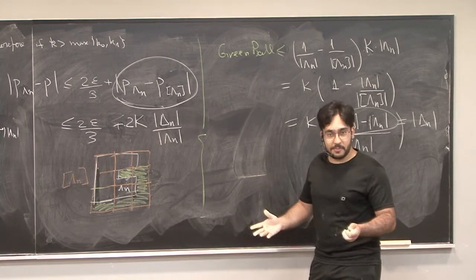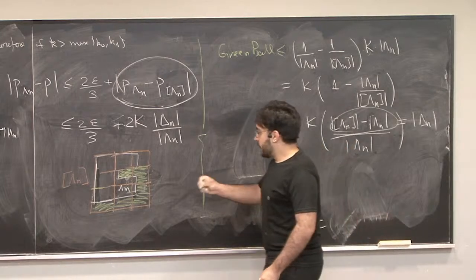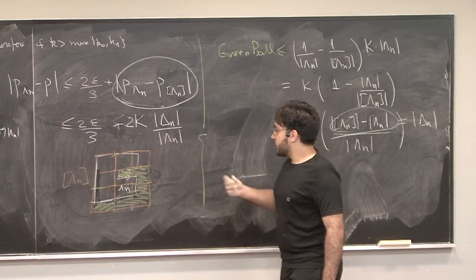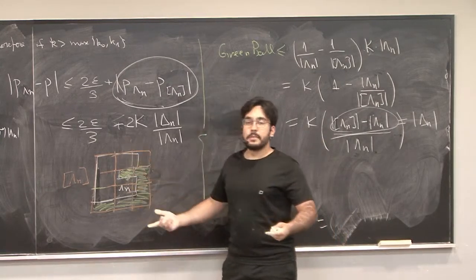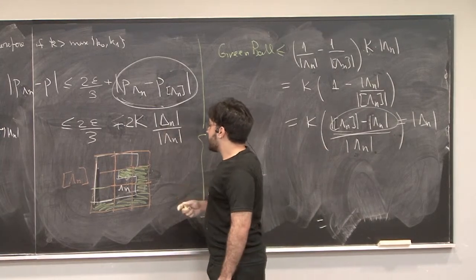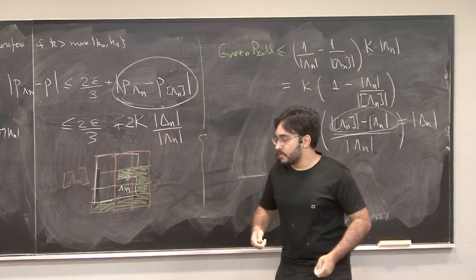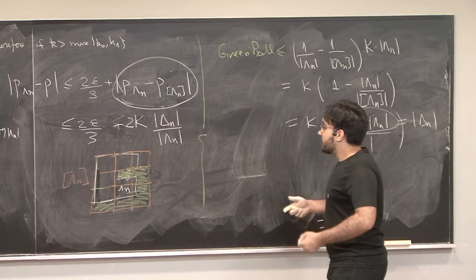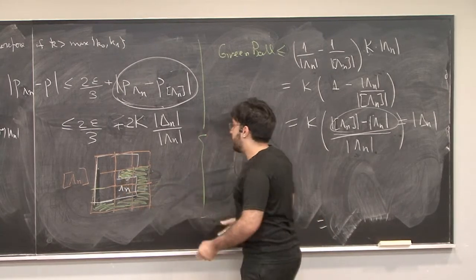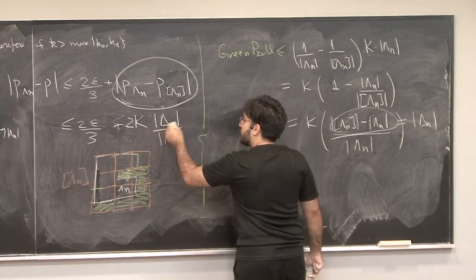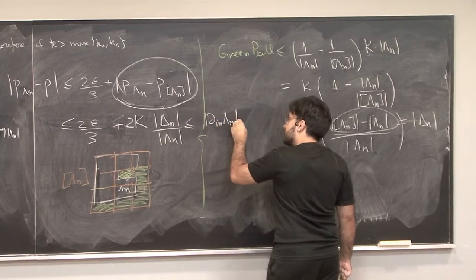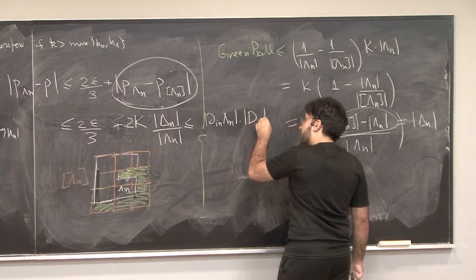Of course this is impossible to happen, but since this is a cover, the worst case scenario is that I have each cube covering only one point of the boundary. Okay? So in this impossible situation, the set will be at most the size of the cube, all of the points of the cube, times the number of points at the boundary. So this will be at most the number of points at the boundary times the number of cubes.